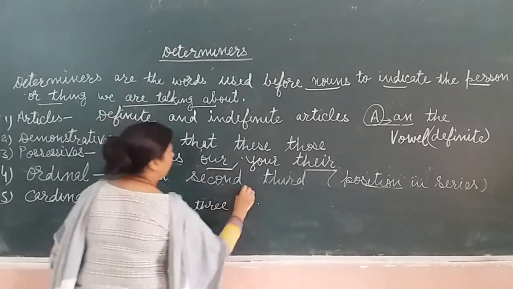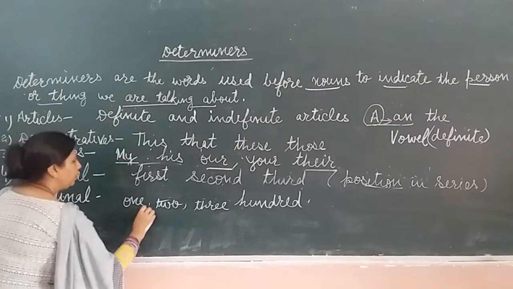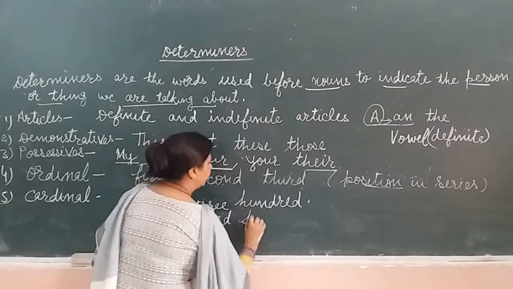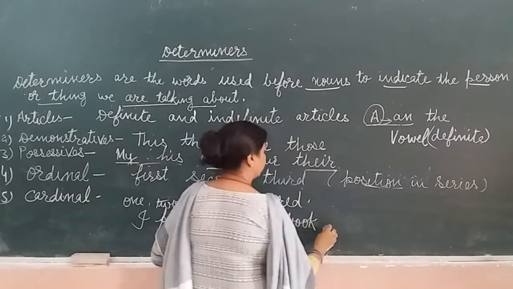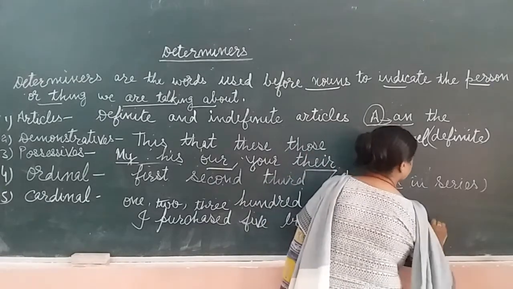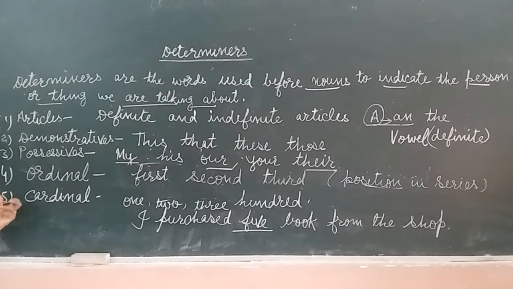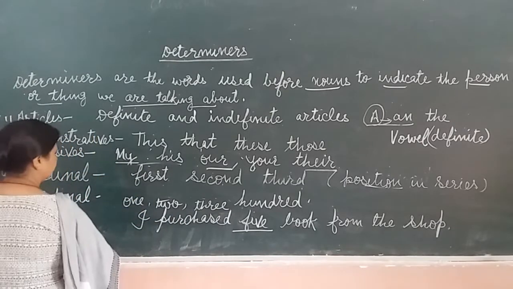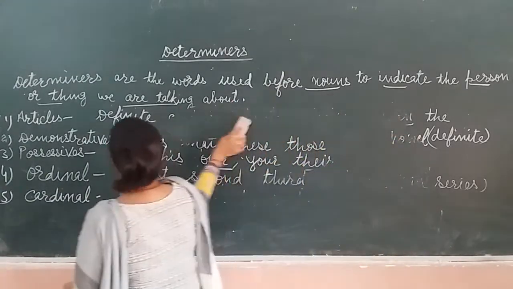I purchased 5 books from the shop. So this 5 is a cardinal number. This 5 is the number that we have purchased, that we have with us.